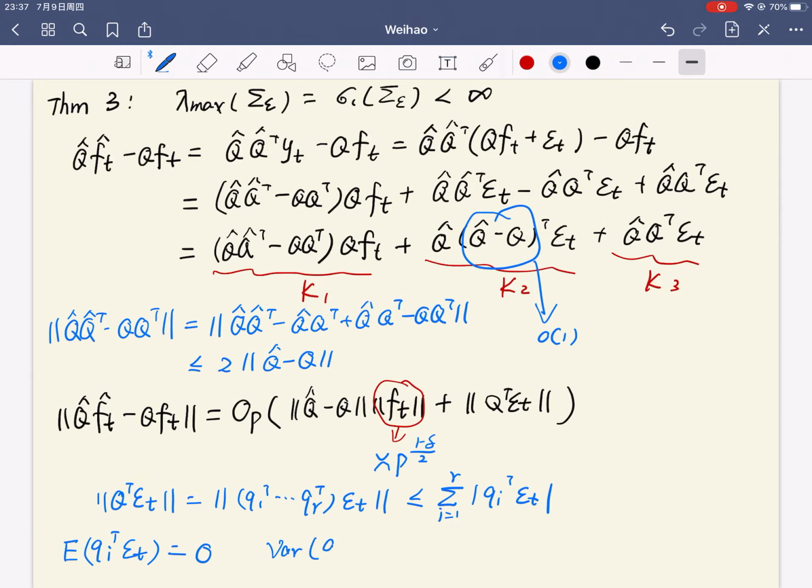And the variance of this term, by our assumption that the maximum eigenvalue of the covariance sigma epsilon is bounded, is less than the maximum eigenvalue, so it is also bounded.